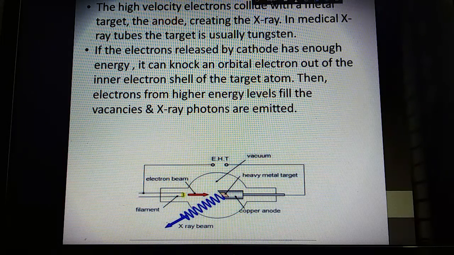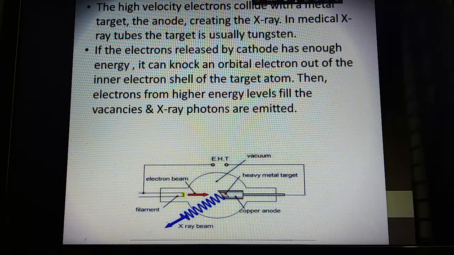Whenever an electron leaves its space and jumps to another orbital, some energy is released. This released energy is emitted in the form of an X-ray beam. Then electrons from higher energy levels try to fill the vacancies, and X-ray photons are emitted in this process.